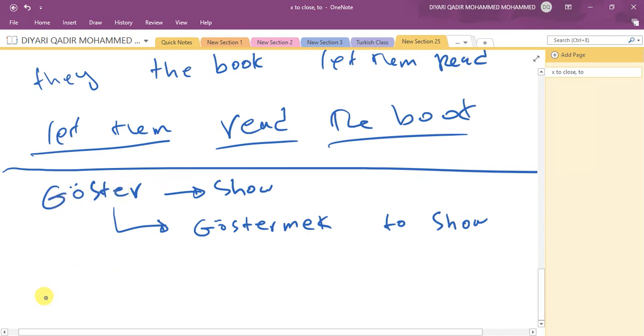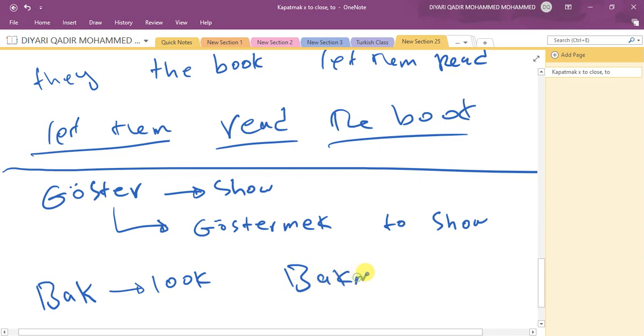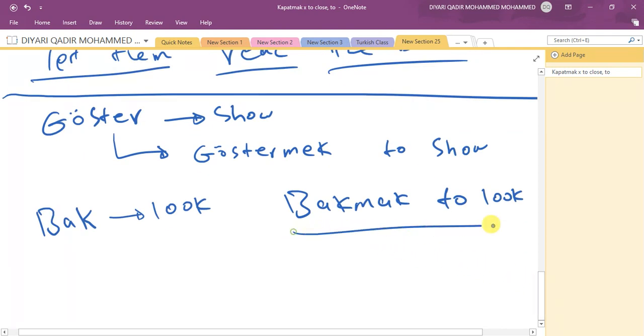Here is another one. Let it be bak. Bak means look. Bakmak means to look. Do you see?